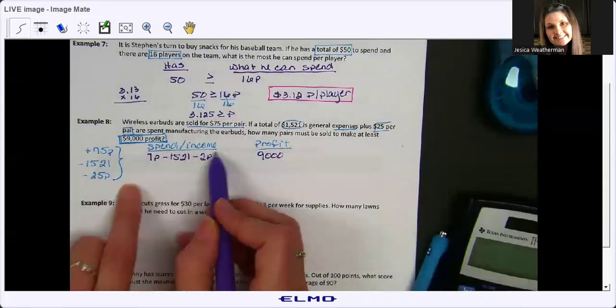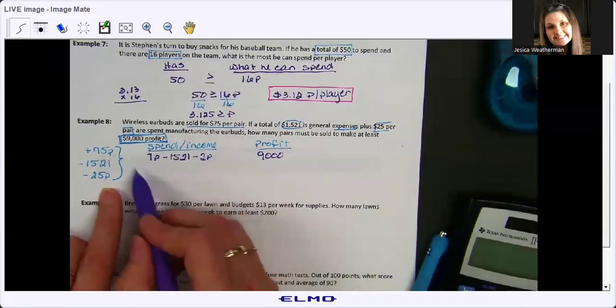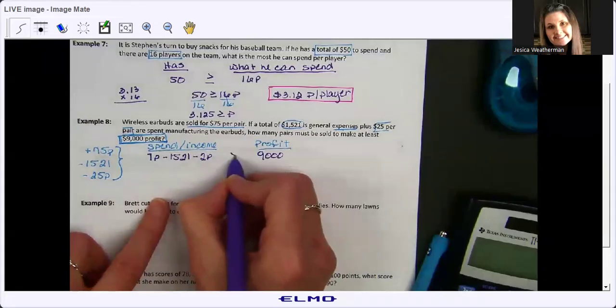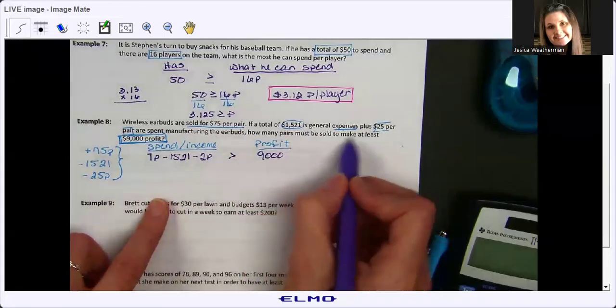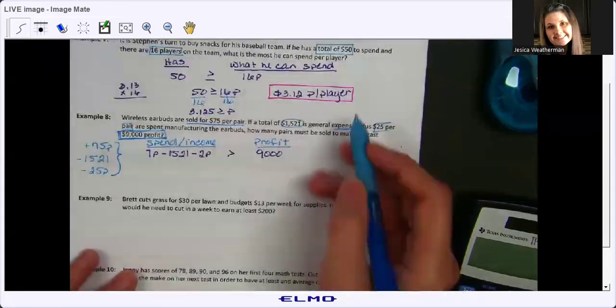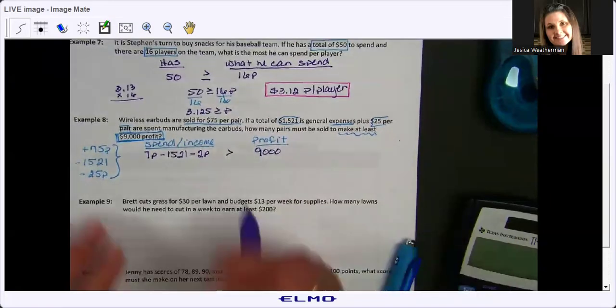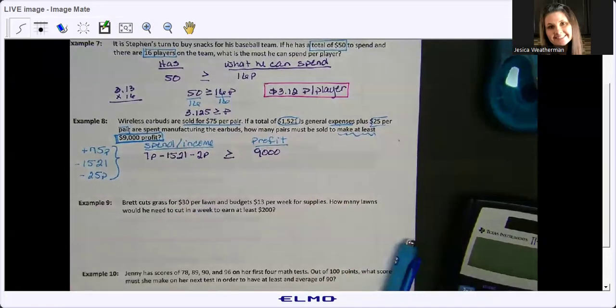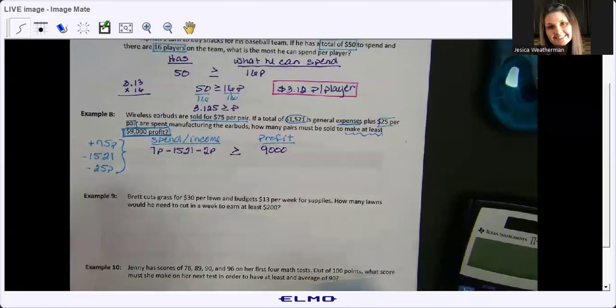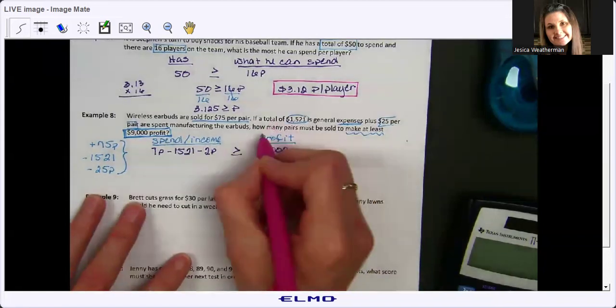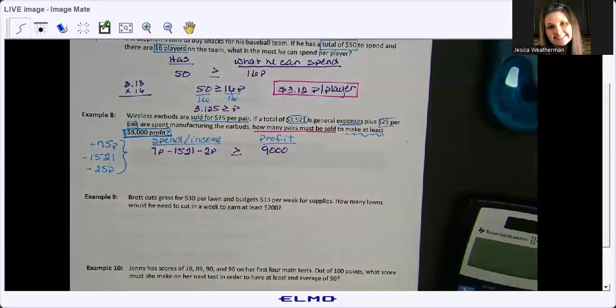We decided that their spending and their income combined must be greater than, and it says they have to make at least 9,000, so it can also be equal to. So that is the inequality that we have. Now, here's the question: how many pairs must be sold? We have to answer that question.